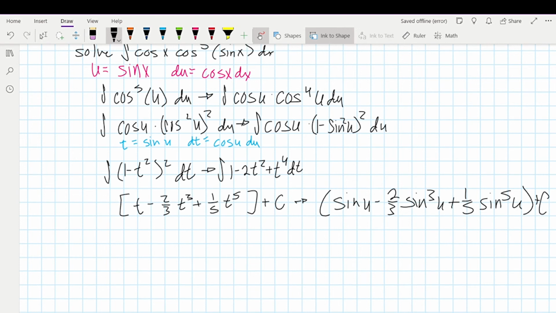So putting it back in terms of x, you would get sine, and that u becomes sine of x.